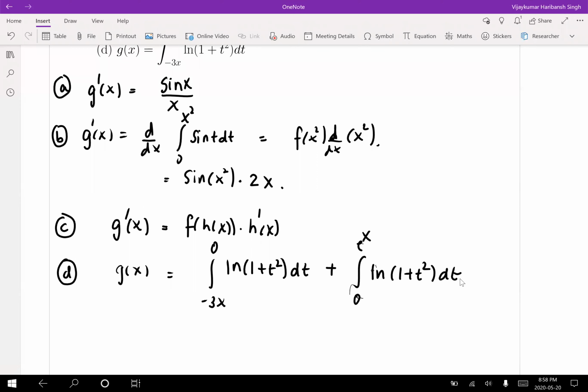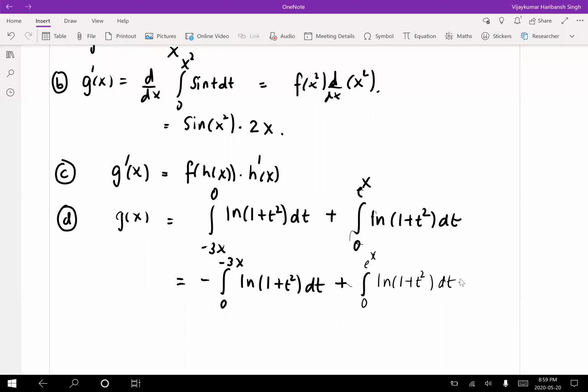Now, when you flip the limits of integration, you will get a minus sign. So minus the integral from 0 to minus 3x of ln of 1 plus t squared dt, plus the integral from 0 to e to the x of ln of 1 plus t squared dt.